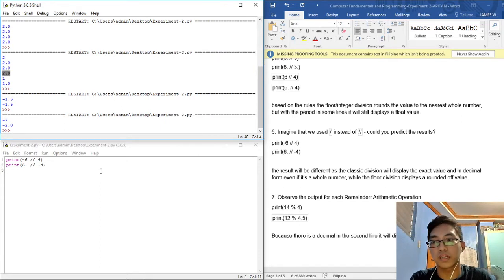And as you can see there, it is not the same because integer division and classic division are different.